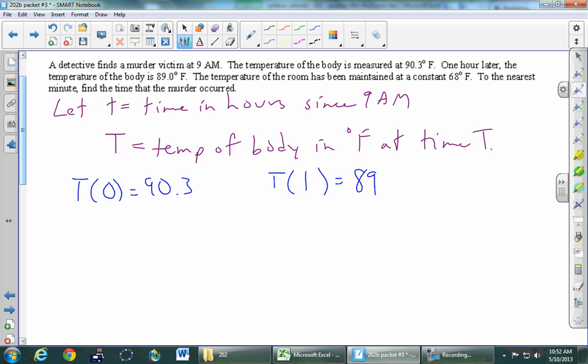Well, we know that at some time x, we have to figure out when it's going to be. So why don't we put that? T of something that we're going to try to find is supposed to be 98.6, right? That's what we're going to do to solve this problem. It's going to be a negative number because it happened certainly before 9 a.m., right?